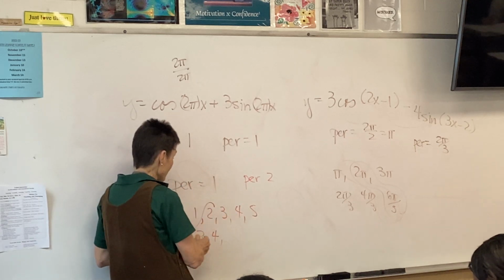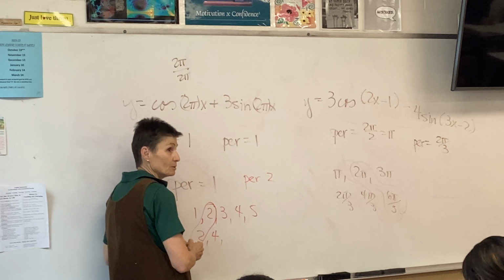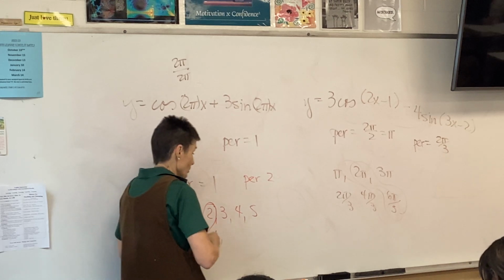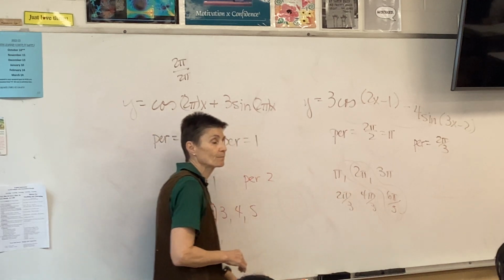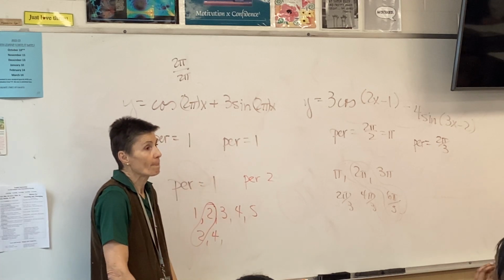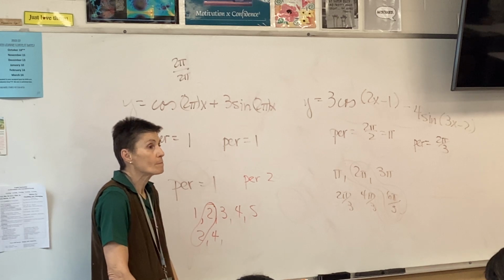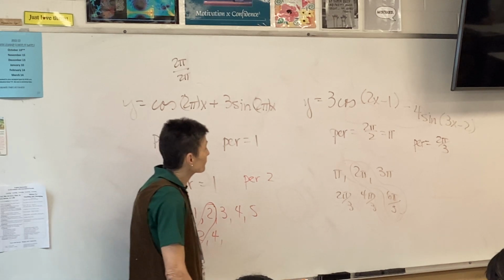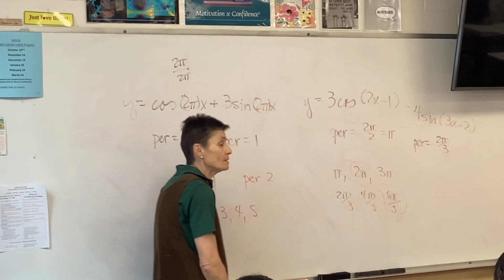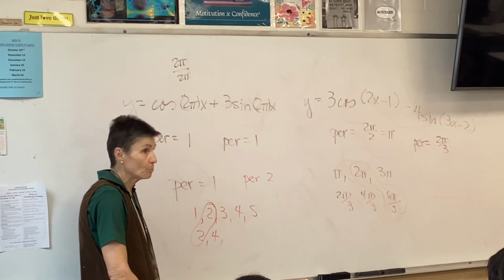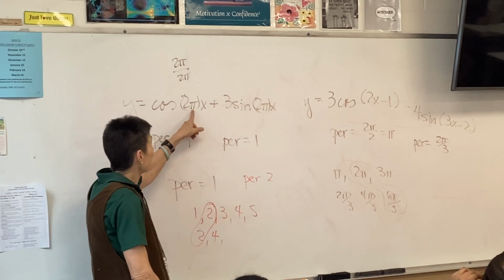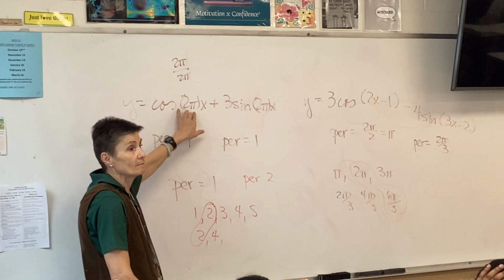So the first time they have in common would be 2. So it's the same thing, just no pi's. Why is the problem on the left 1 and the one on the right pi? The period of the sine is 2 pi. Then you divide it by whatever the coefficient is.